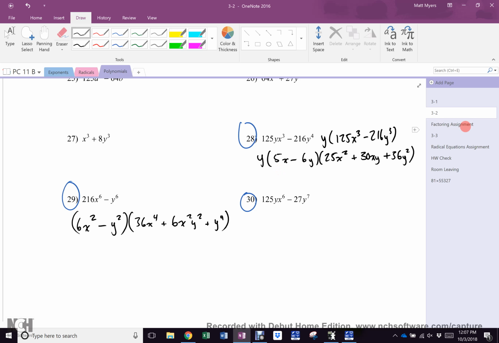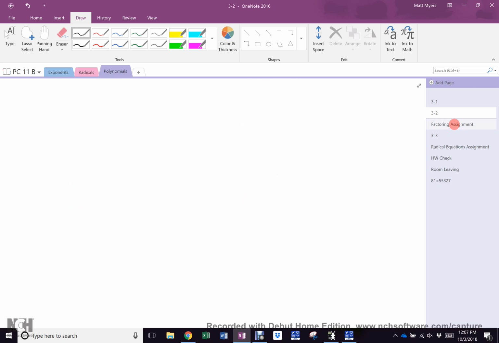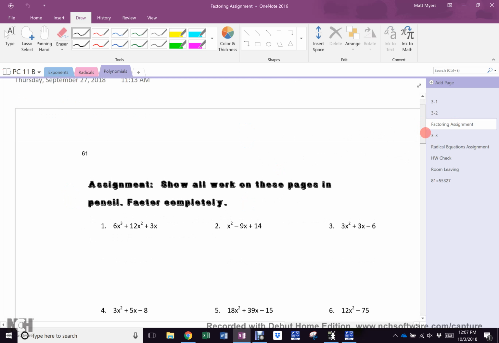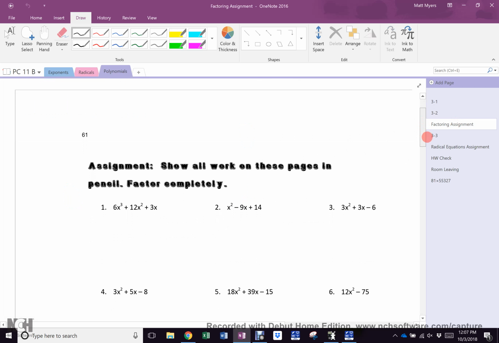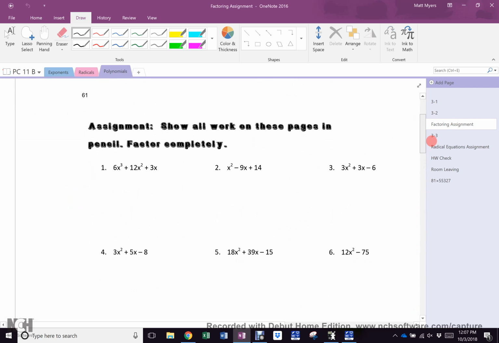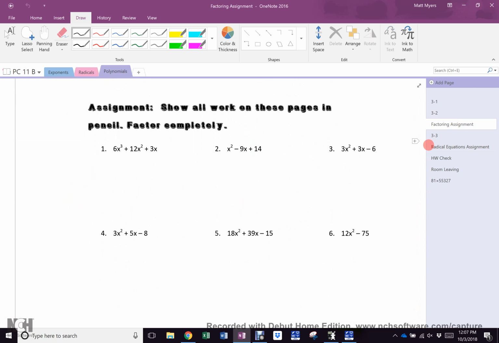Okay. Let's do this thing. The new one. Page 61 says what? Show all work on, what's the first word? Assignment. What does assignment mean? For marks. I'll be coming around to check. We can do it right now, right?